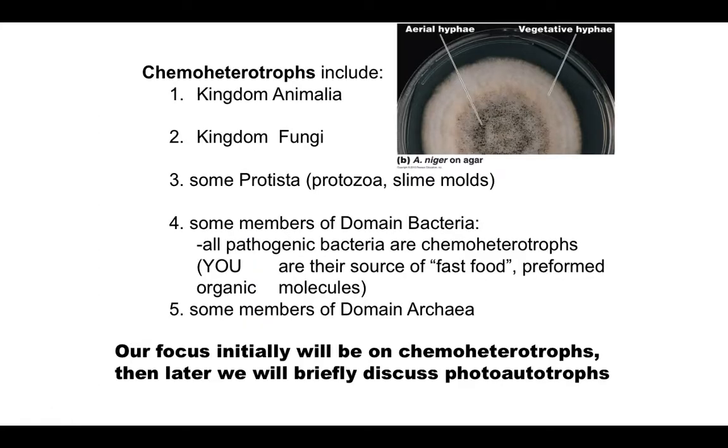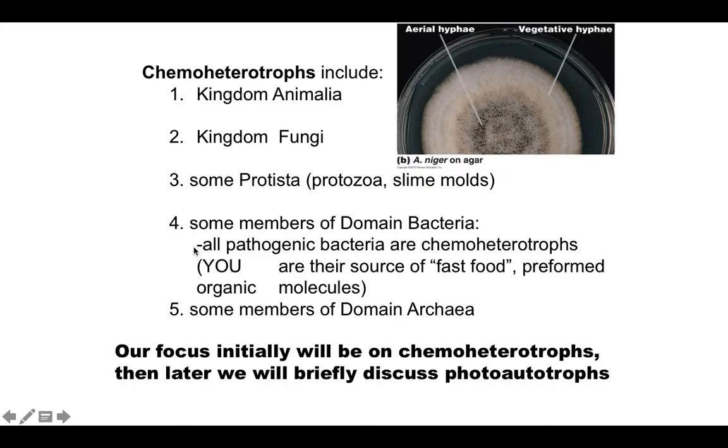So most of the metabolism unit, we were focused on chemoheterotrophs, and chemoheterotrophs require preformed organic molecules, both as a source of carbon and energy. And we want to remember that chemoheterotrophs include all members of kingdom Animalia, kingdom Fungi, some of the animal-like and fungal-like protists, so protozoa and slime molds, and then some members of domain bacteria.